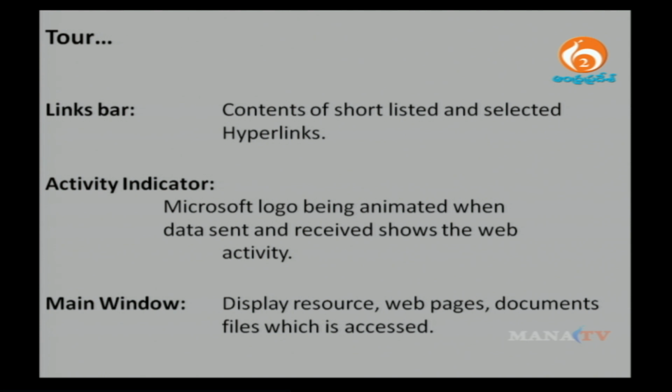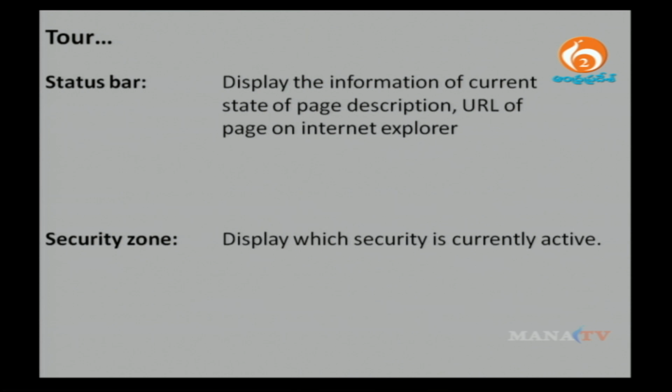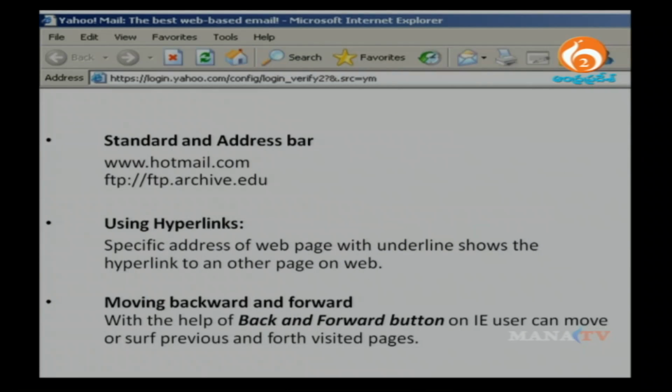Main window: displays web pages, documents and files which are accessed. Status bar: displays information on the current state of the page, description, and URL of the page in Internet Explorer. Security zone displays which security is currently active. Standard and address bar.